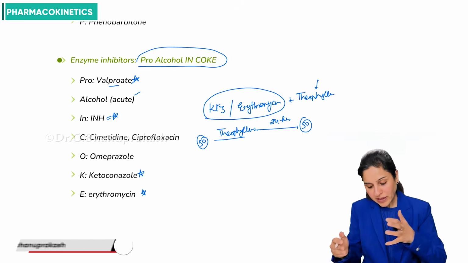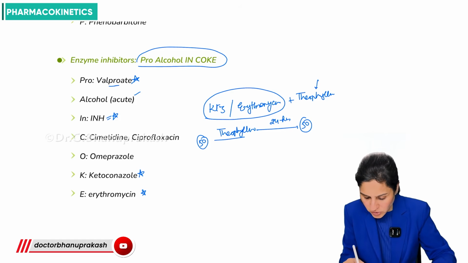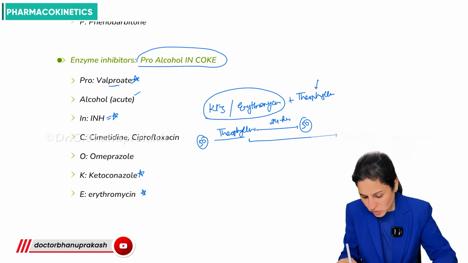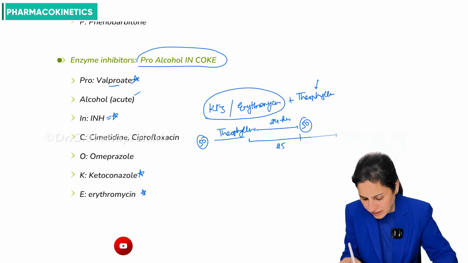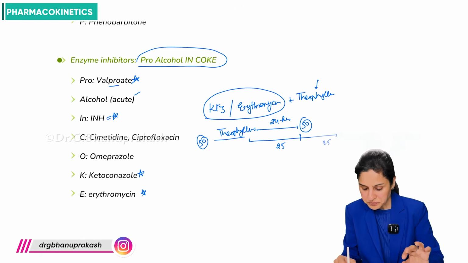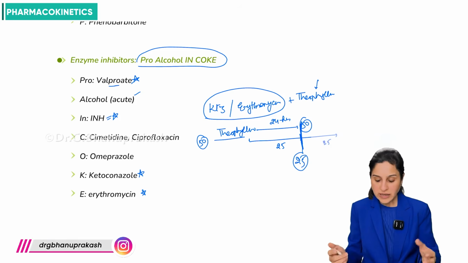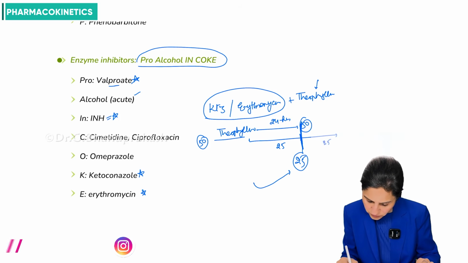But when you're giving erythromycin, because it is delaying the metabolism, in 24 hours only 25 is getting metabolized. So at the end of 24 hours, 25 is still left. And if you don't have the knowledge, you're again giving 50 milligrams of the drug.